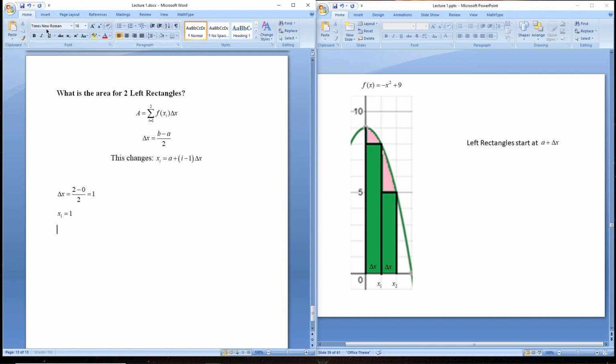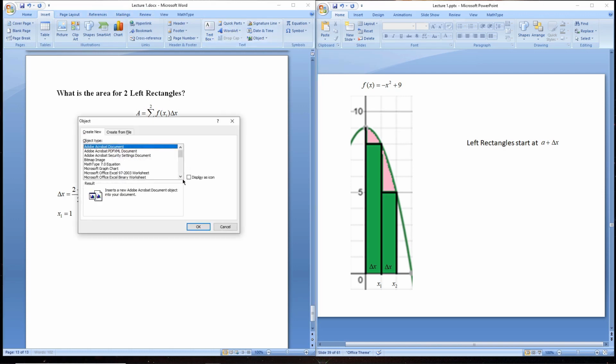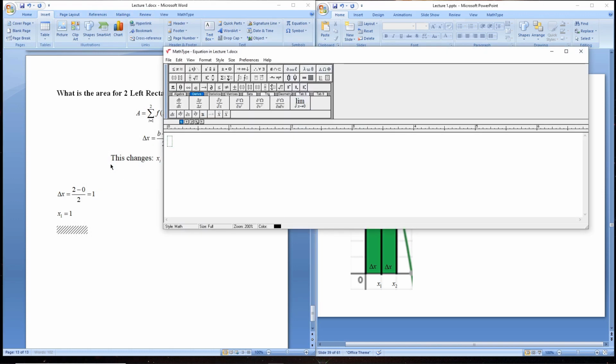Let's just write that down. We know that x sub 2 is x sub 1 plus delta x. But we know what x1 is. We just figured it out. It's 1. Let's replace that.